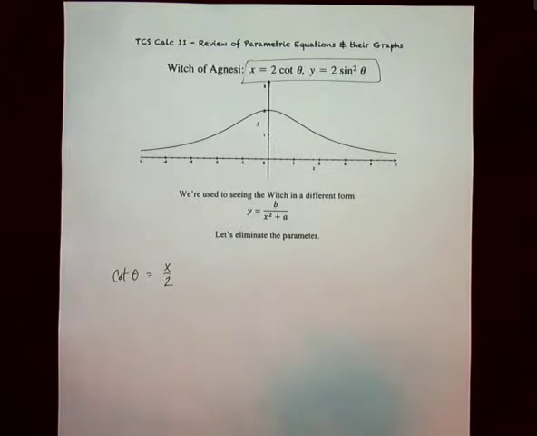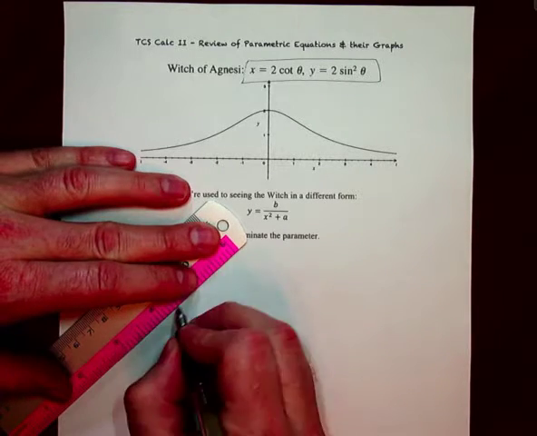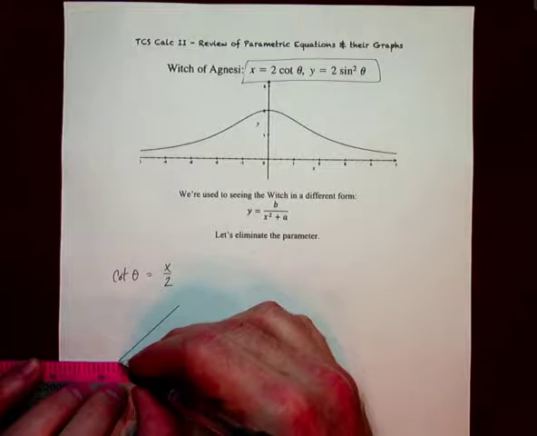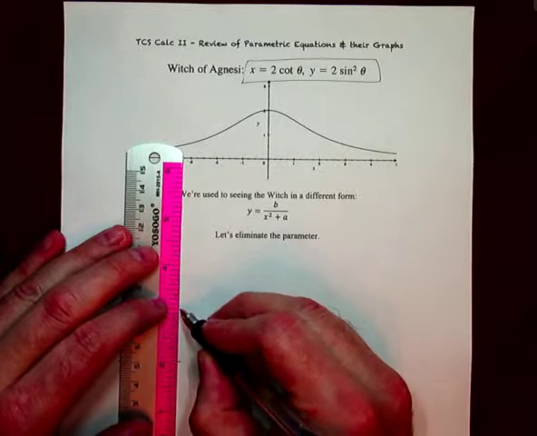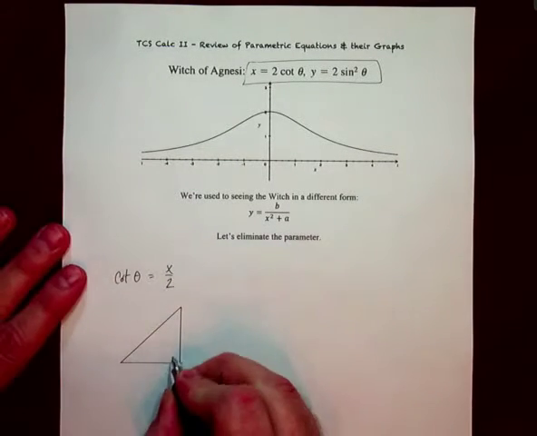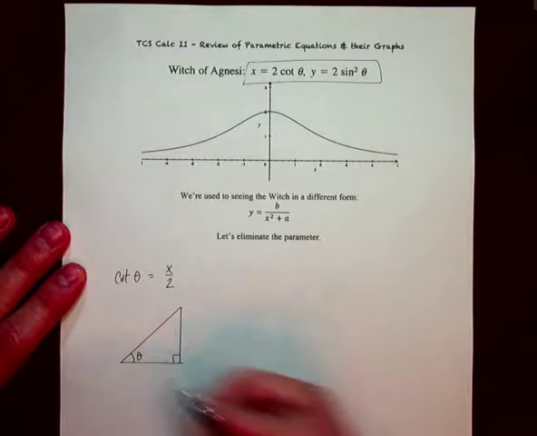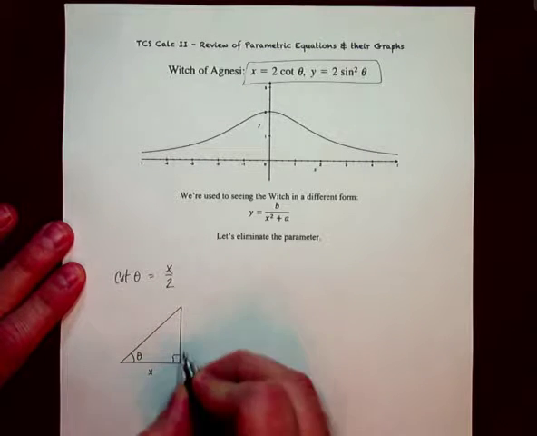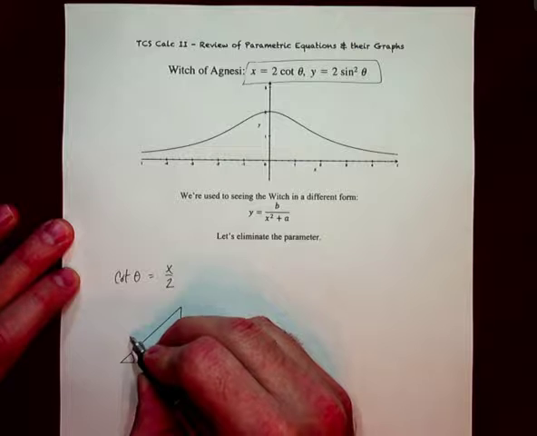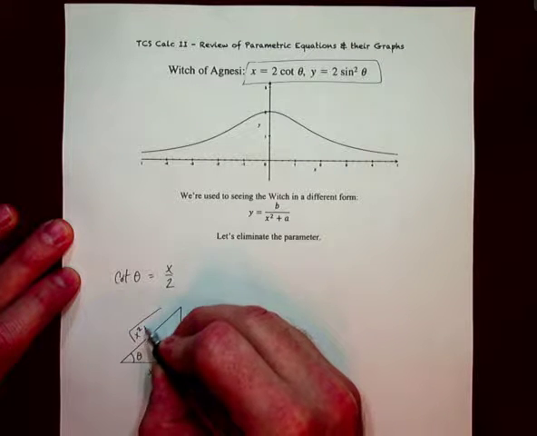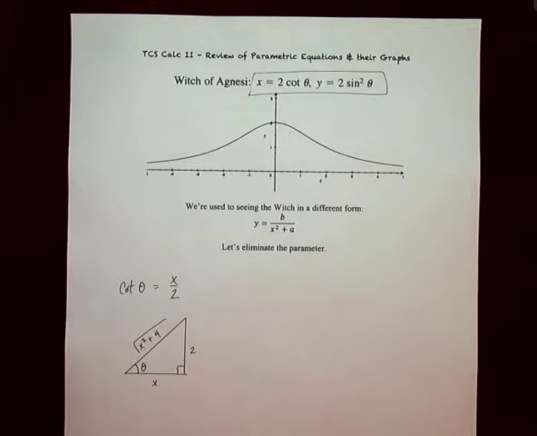Well, that basically means, let's go ahead and construct the triangle so that we can figure out these values as we move along. And we know if this is theta, that cotangent is adjacent over opposite, and that the hypotenuse is going to be the square root of x squared plus 4.